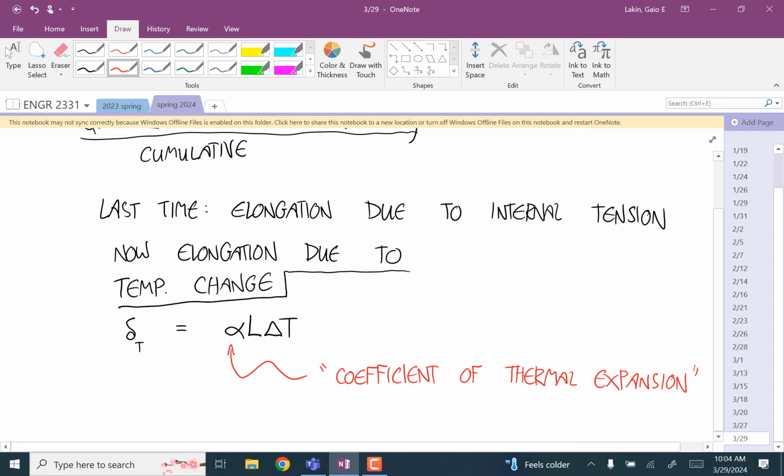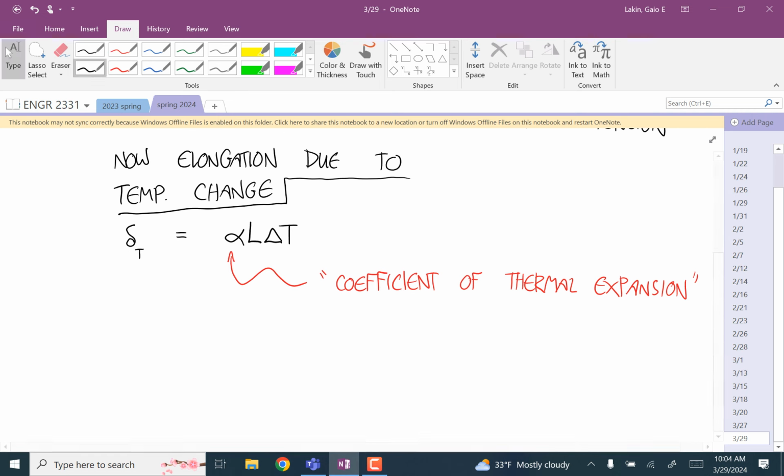You can always figure out the units of any parameter from the equation that it's used in. In this case, you can think of this as meters equals alpha times meters times degrees Celsius.